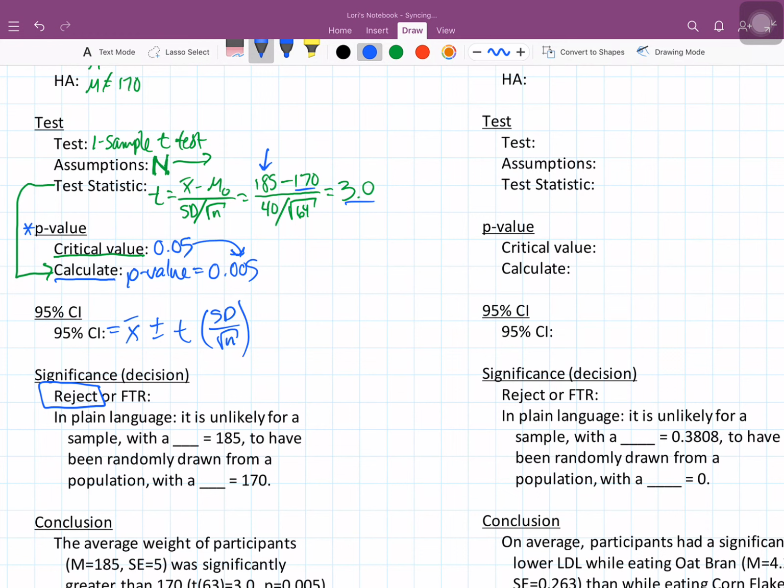So we're seeing a lot of the same characters when we're calculating the 95% confidence interval.